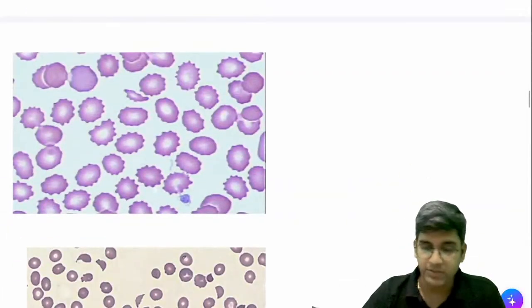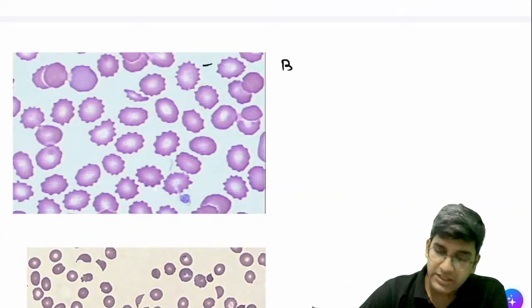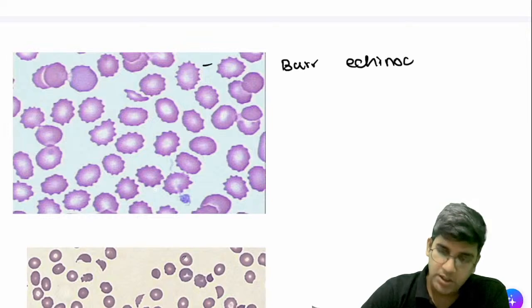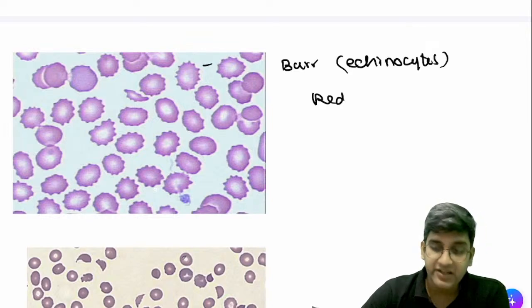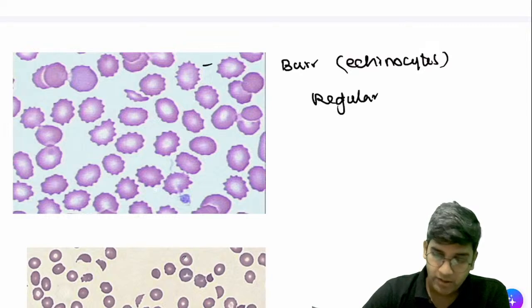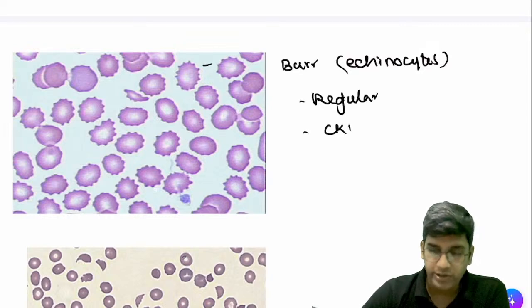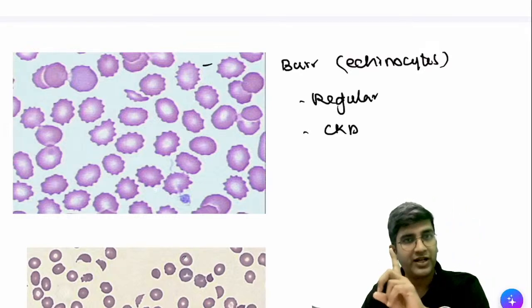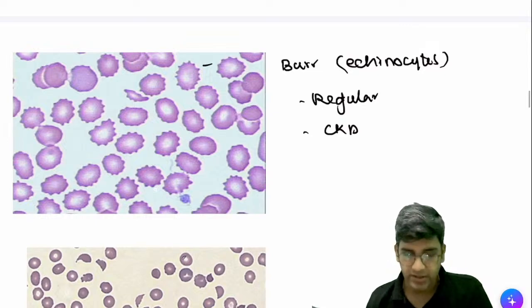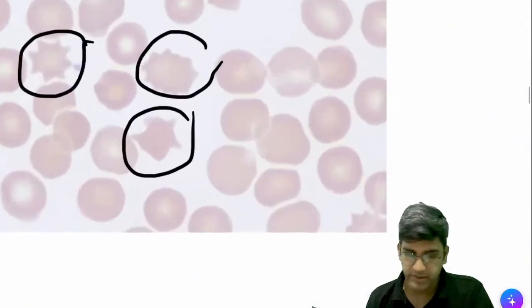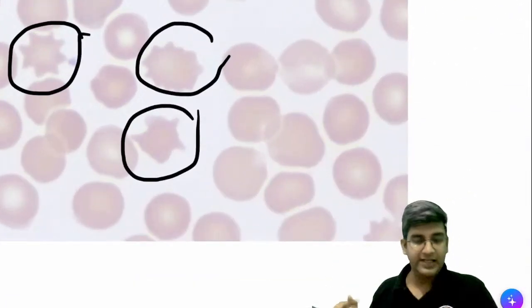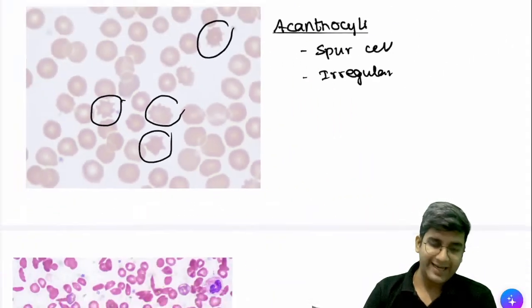Okay, this is a burr cell. Burr cell or echinocytes will have regular projections. The projections will be very regular. And this is seen in CKD or uremia. I hope you can appreciate this difference between this and this. This is not regular. It is definitely irregular projections. So we call it an acanthocyte, right?